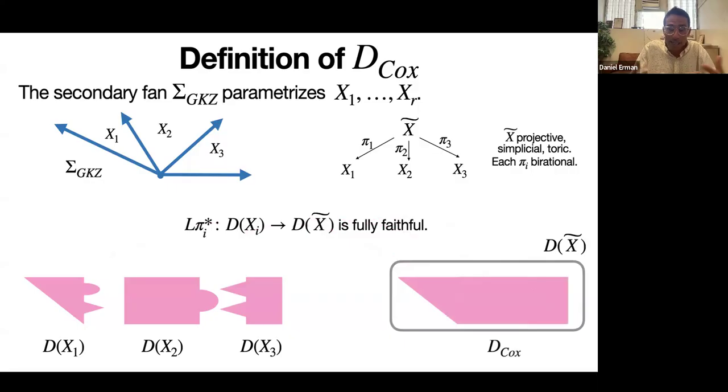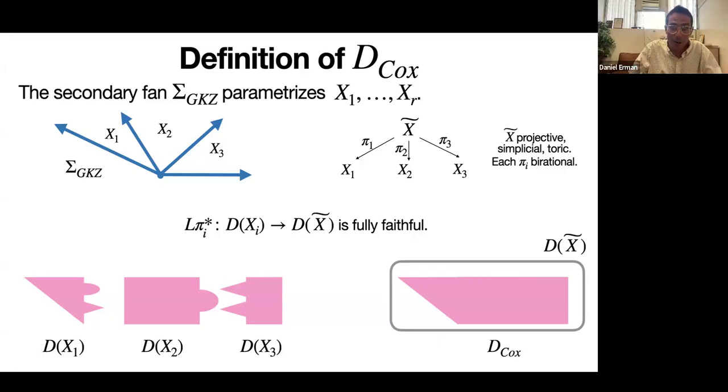And so the idea is we're going to define this Cox category as the image of all those things, what you get by gluing. And the X tilde is just some ambient space to make the gluing simpler. It plays no role. So if you chose a different X tilde, and you pulled back to something further, you'd get the same Cox category.